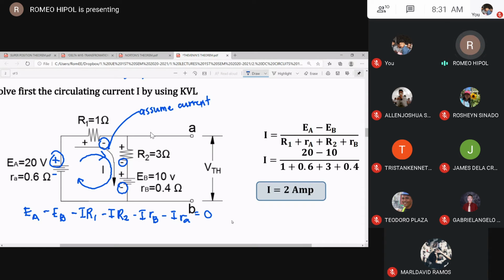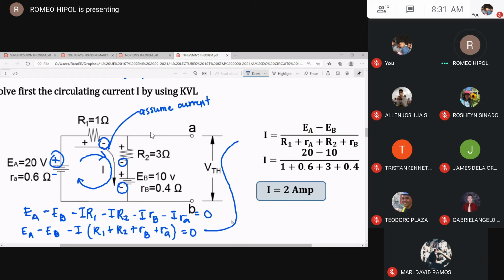So initially, factor out I. So R sub 1, R sub 2, R sub B plus R sub A is equivalent to 0.